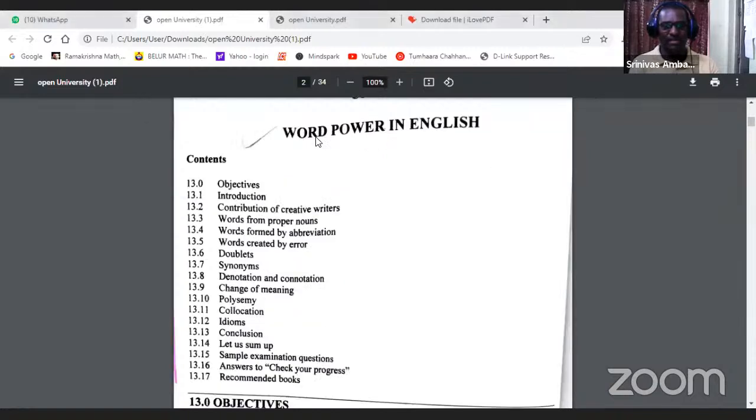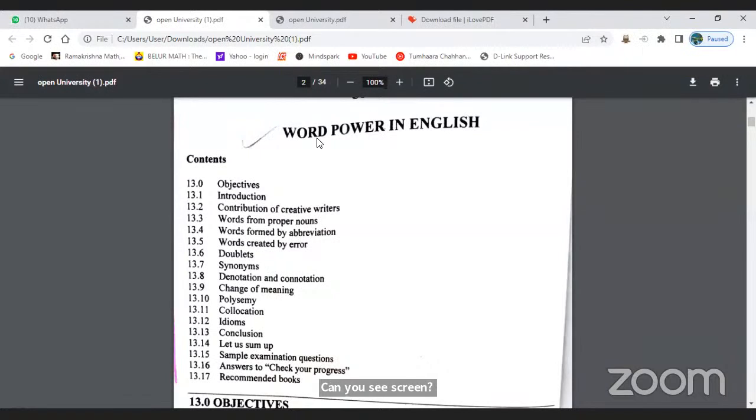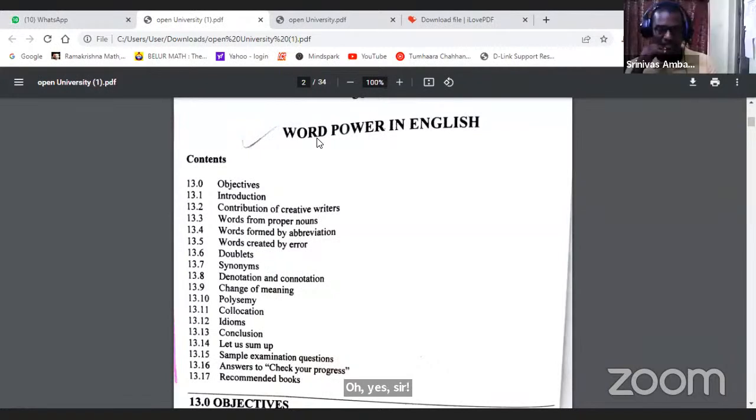Can you see the screen? Yes, sir. This is unit 13, page 156. So as I told you, the first page, the title page, will help you in understanding important topics. Can anyone read them?